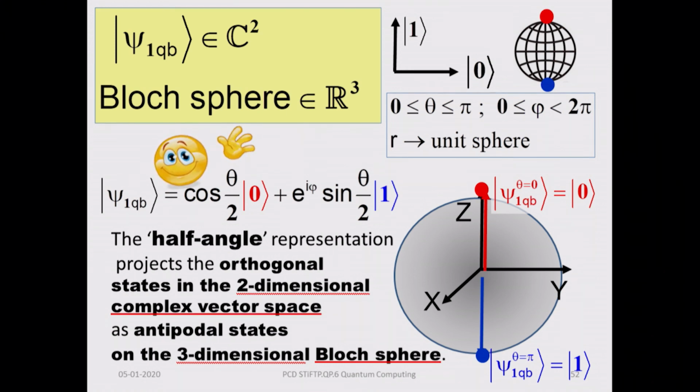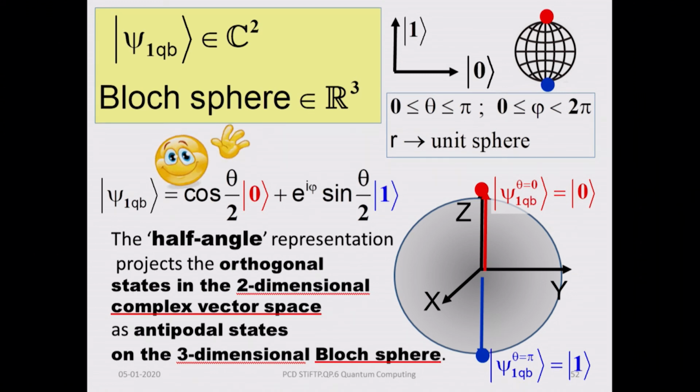And an arbitrary qubit is represented as a linear superposition of the dead cat and the live cat, the 0 and the 1, with coefficients for which you need two complex numbers, but you have eliminated one because there is an arbitrary phase, and you have eliminated one more because it is normalized.